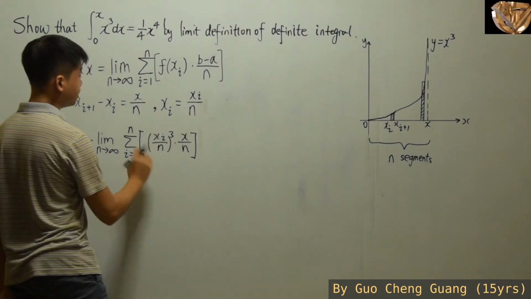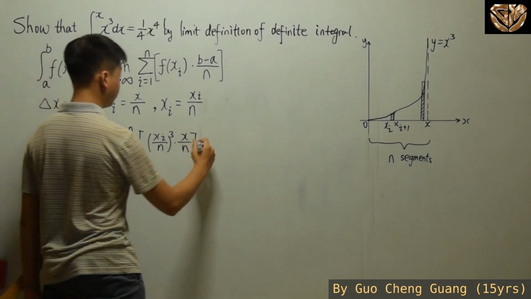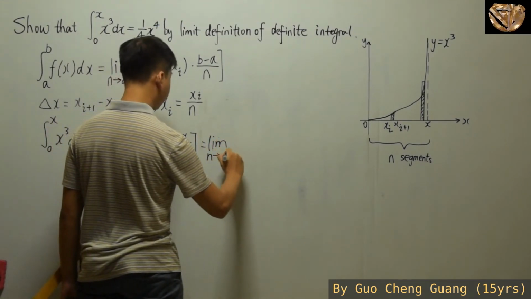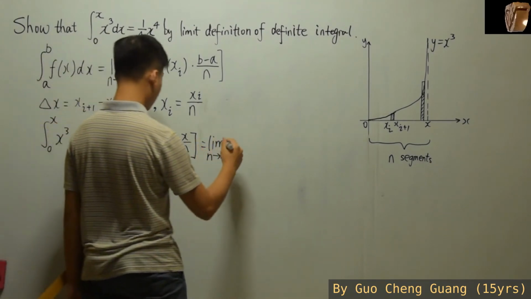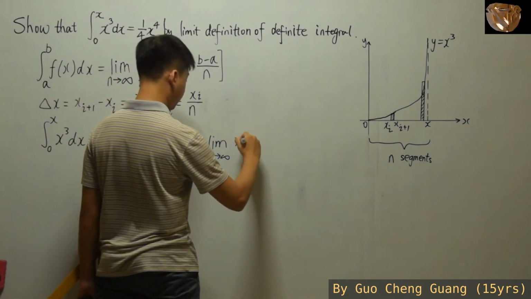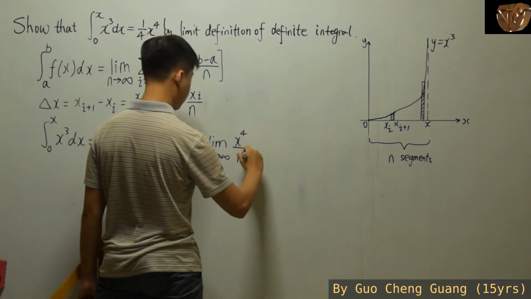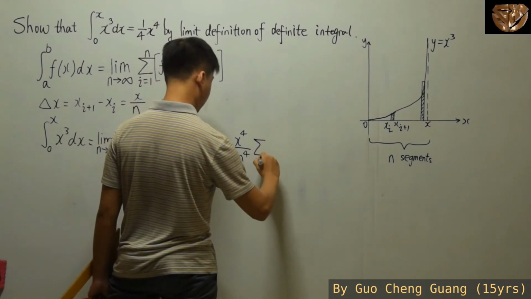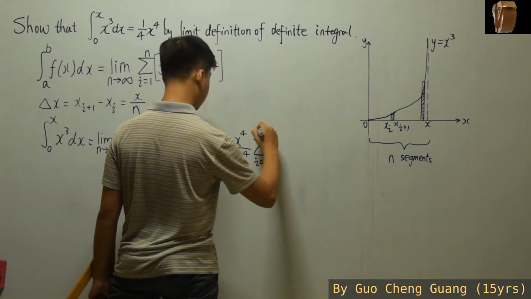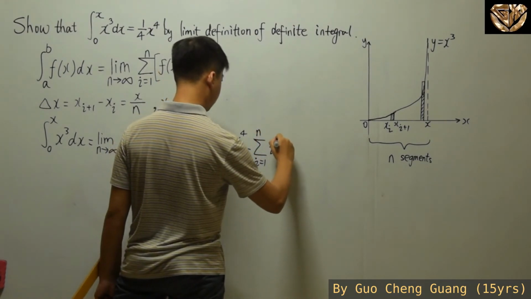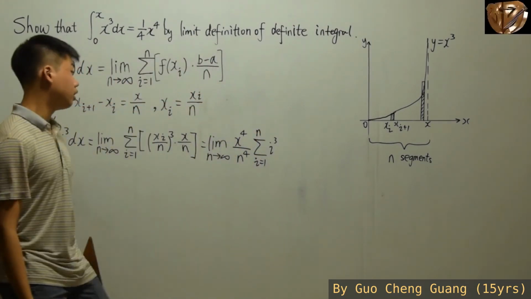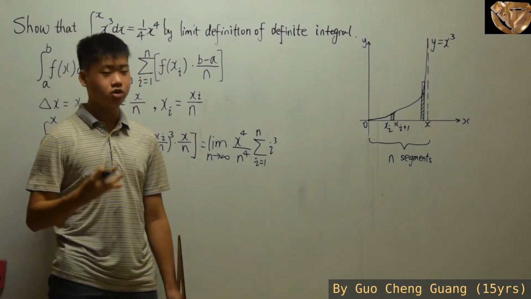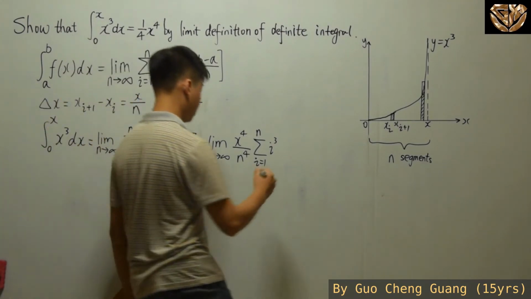It is i, since everything else is multiplied on, which means we can bring everything else in front of this summation, where you're going to see x to the power of 4 divided by n to the power of 4, and sigma notation i from 1 to n, and this is i cubed. Right, so now this is just your simple arithmetic problem, which of course you do have to know the formulas for each of these.